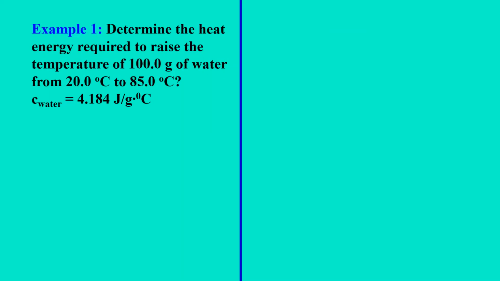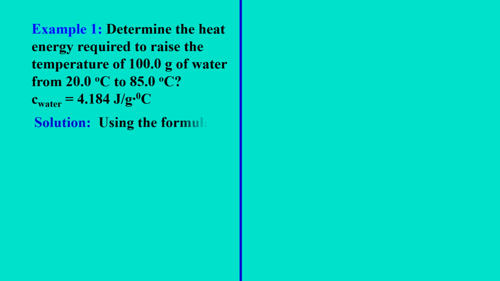Let us do some examples now. Example number 1. Determine the heat energy required to raise the temperature of 100 grams of water from 20 degrees Celsius to 85 degrees Celsius. The specific heat of water is 4.184 joules per gram per degrees Celsius. Solution.